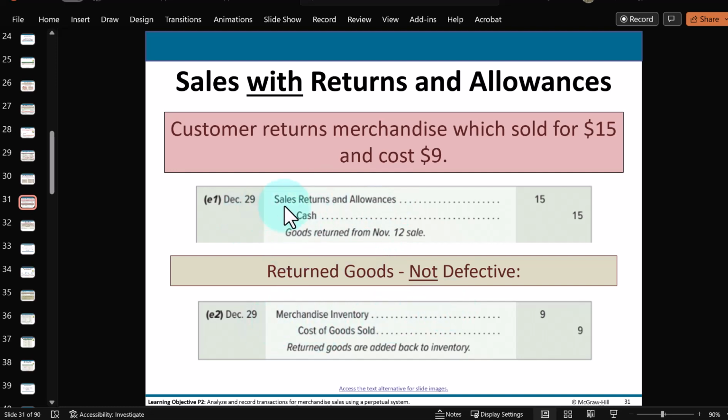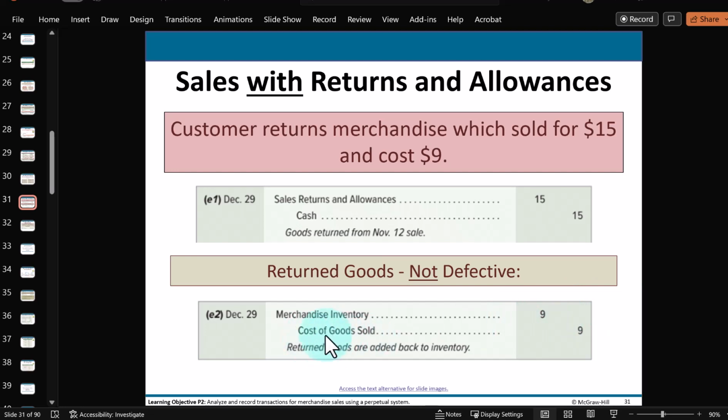Now, in addition to this refund, we have to put back the inventory we received back from the customer, increasing the merchandise inventory asset with a debit, not for $15. Remember now, we're told it cost us only $9. So we took it out before when we sold it at $9. Now we're putting it back in at its cost of $9.